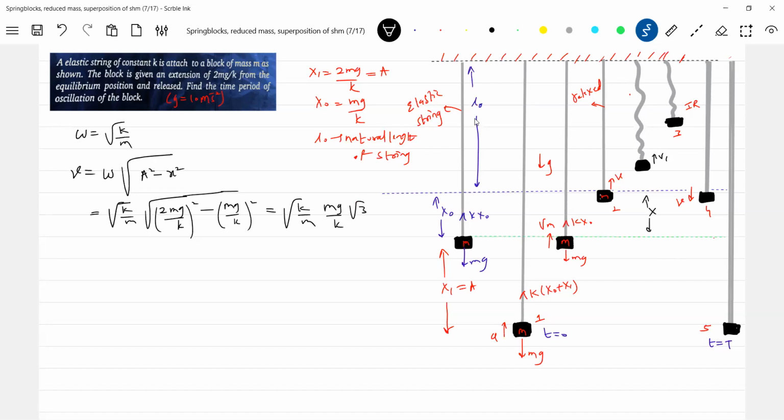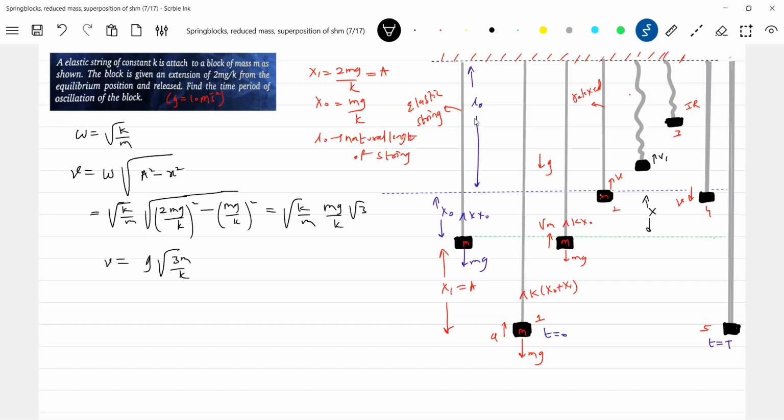So this will become g root of 3m by k. Okay, I got this particular speed.